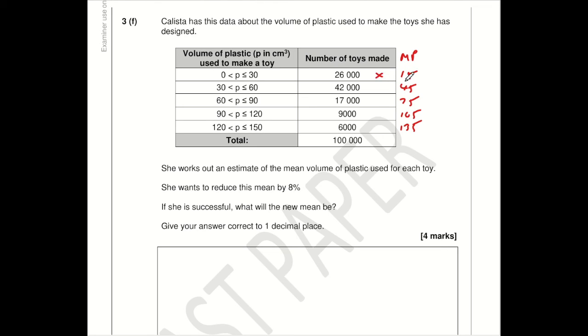So if 26,000 toys were made with, we're assuming that our best guess is 15 cubic centimetres, then the total is going to be 26,000 times by 15. So I'm going to do another column here for our subtotals.